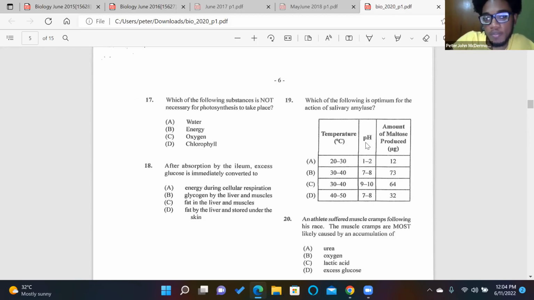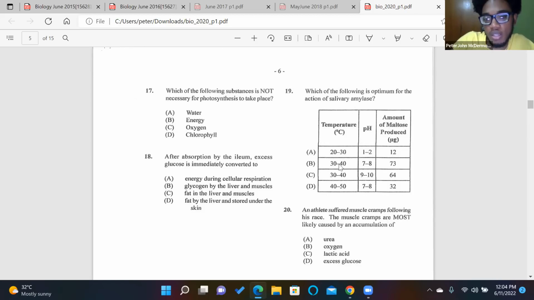Which of the following is optimum for the action of salivary amylase? Let's think about it. Guys, let's look at it. Salivary amylase. Think about your mouth.